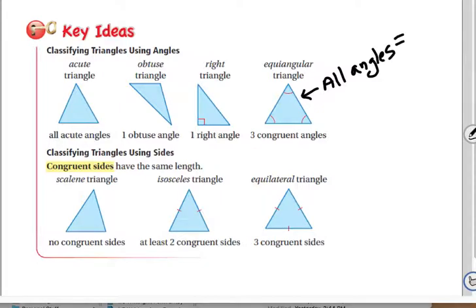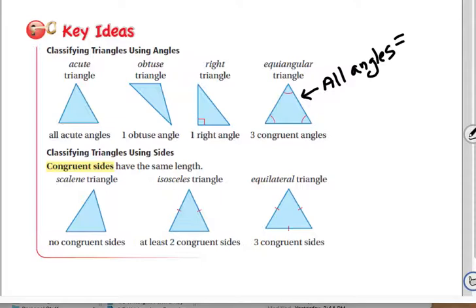And that's what the little symbol here means, congruent. Anytime you see those little arcs right there, it's telling you they're congruent. Just like, what does this little red arc mean? That stands for our 90 degrees for our right angle.